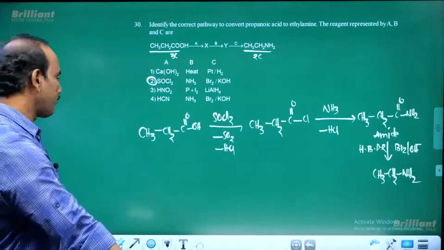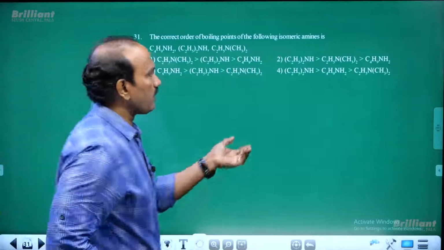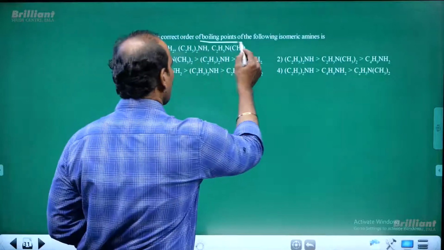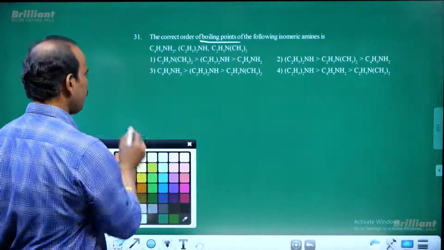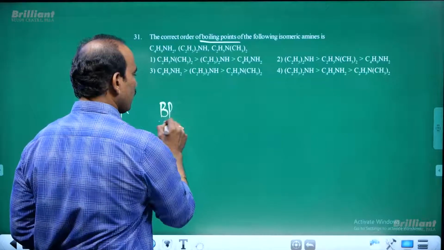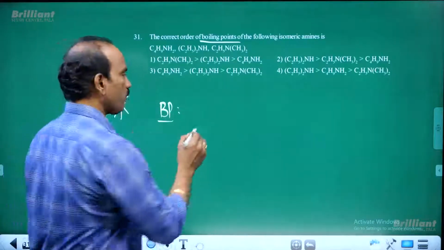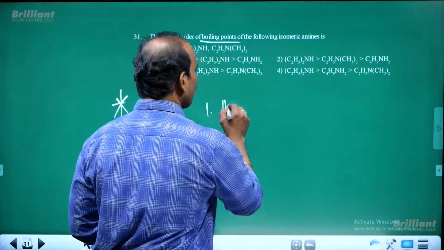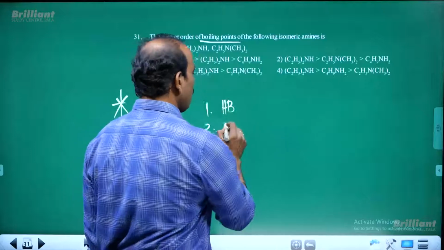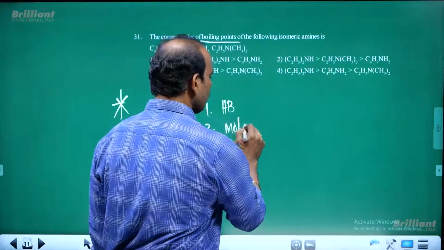Okay. Next one. Previously I explained what the boiling point is. One more important point. Boiling point depends on not only that, entire 4 different points. One is hydrogen bonding. Second one is molecular mass.